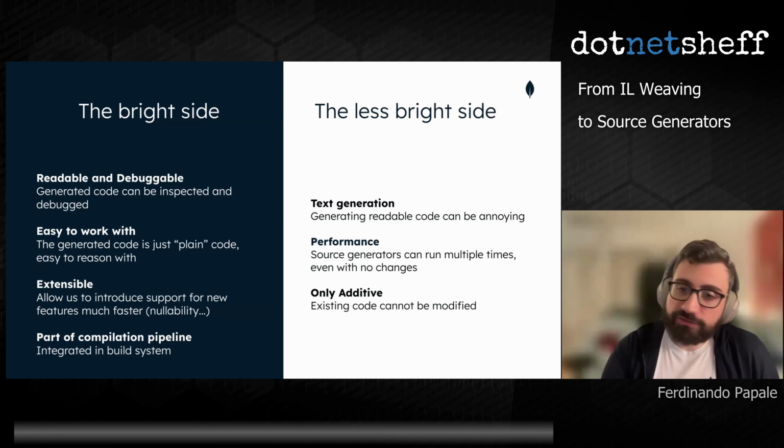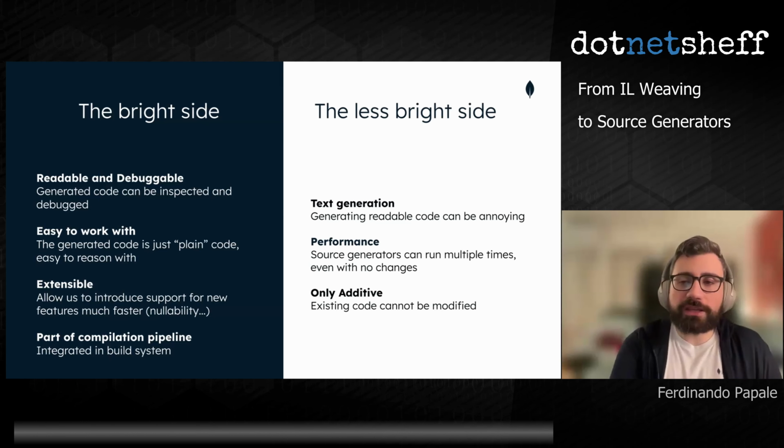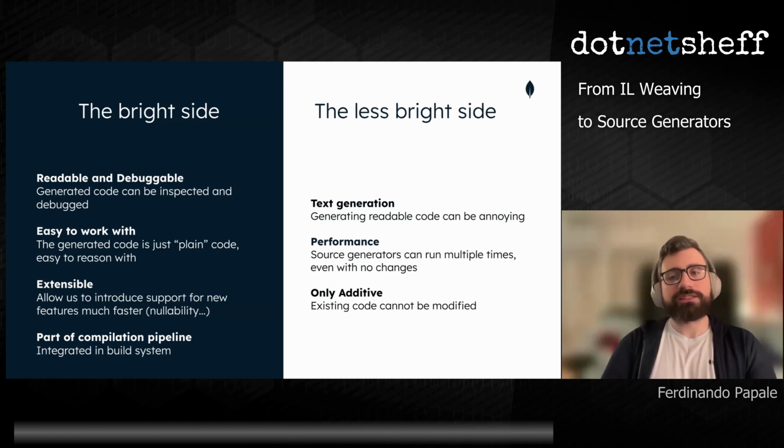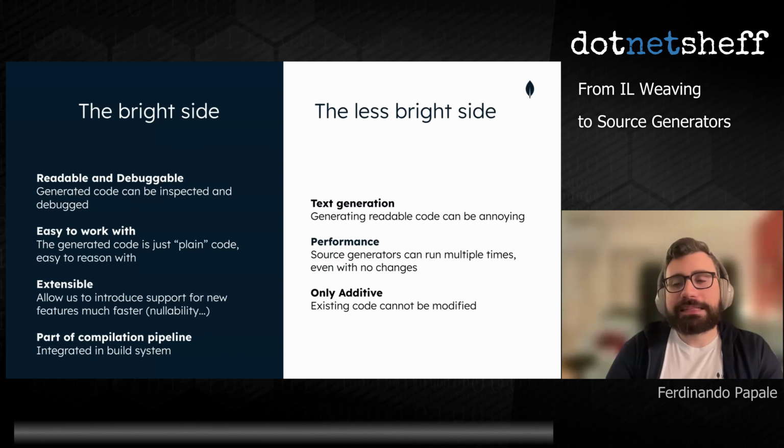They also have some issues though. One smaller thing, maybe more from our point of view, is the fact that you're working with text generation. As long as the code that you're generating compiles, it doesn't really matter, because you could write the code the way that you want without spaces and so on.